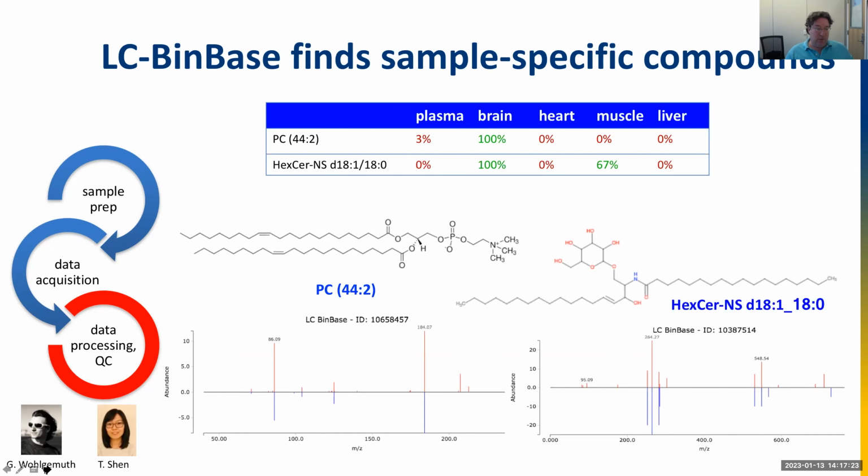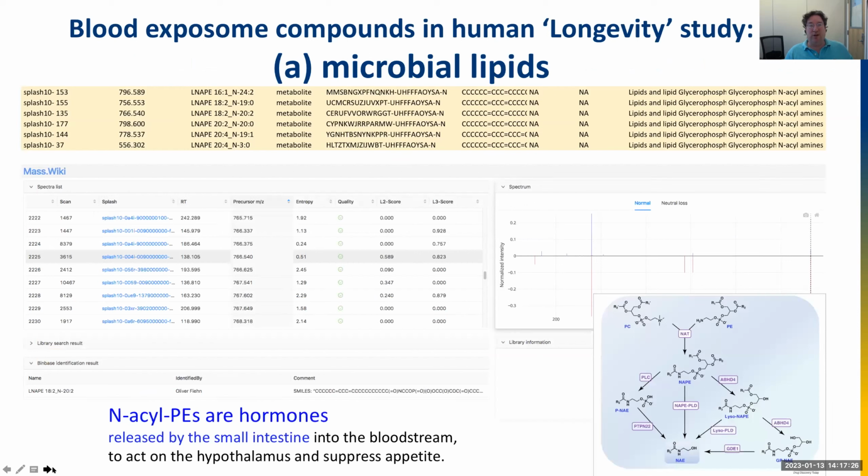More importantly, of course, we want to talk about the exposome. So the first parts of the exposome are microbial lipids. Microbes, we live with them, we love them. They often come from the gut. And here, for example, are specific acyl phosphorylethanolamines that are released by the small intestine into the bloodstream to act on the hypothalamus and suppress appetite.